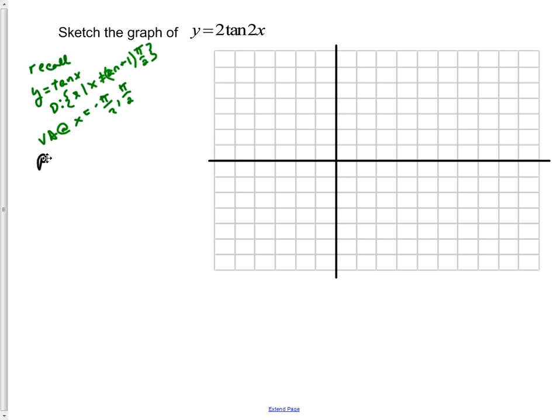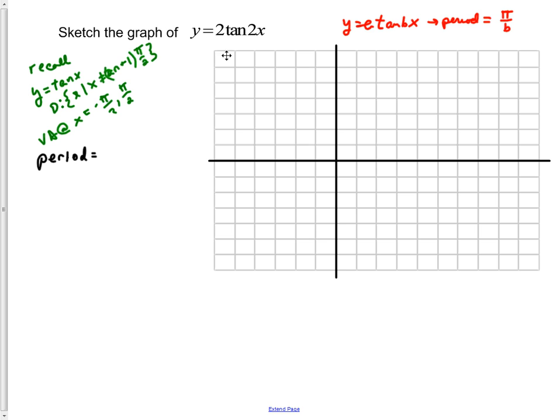The period of the function can be found in a way that's kind of similar to sine and cosine. The only difference is that with sine and cosine, our model was we divided 2 pi by b. Well, if we have a function y equals a times the tangent of b times x, our period is always found as pi divided by b.